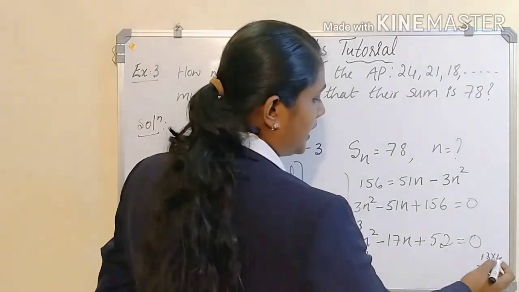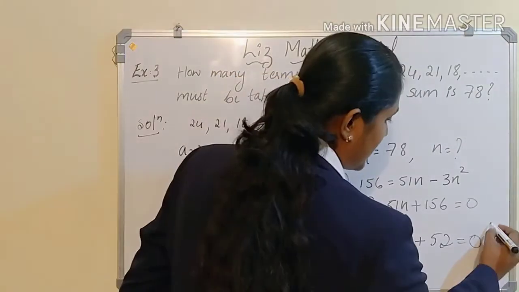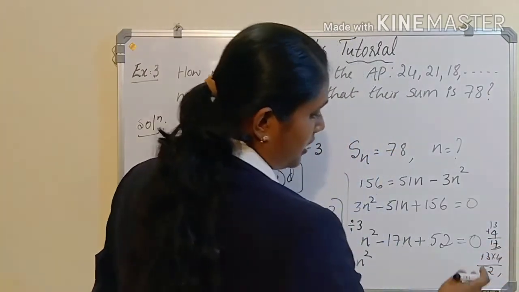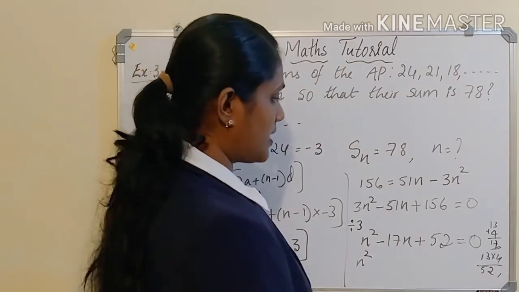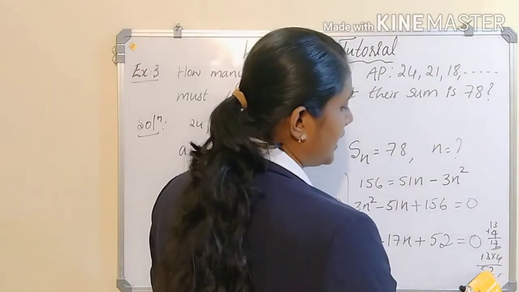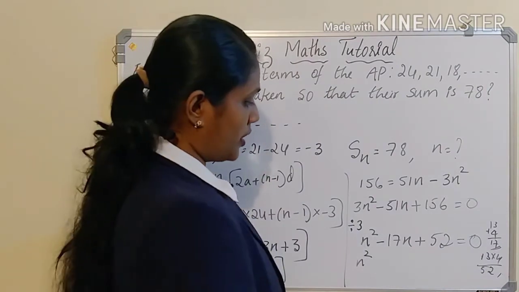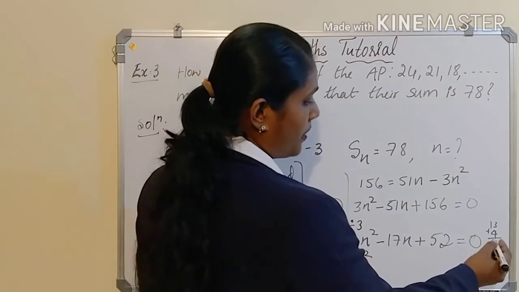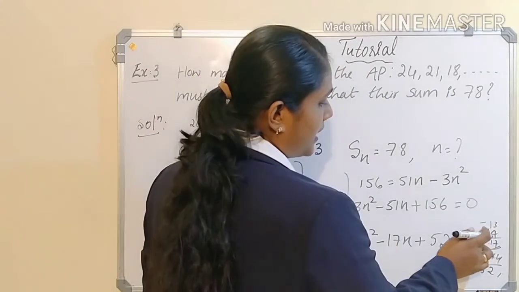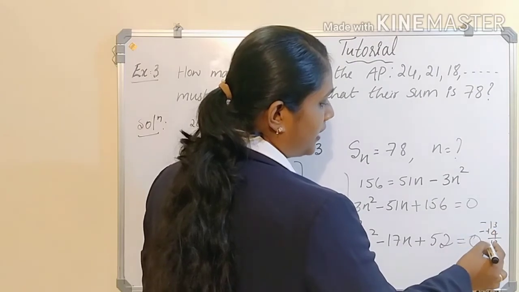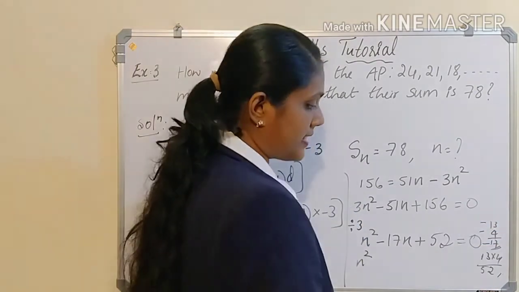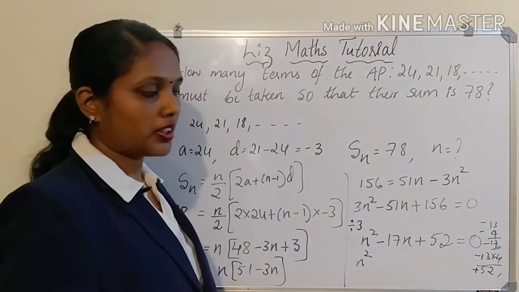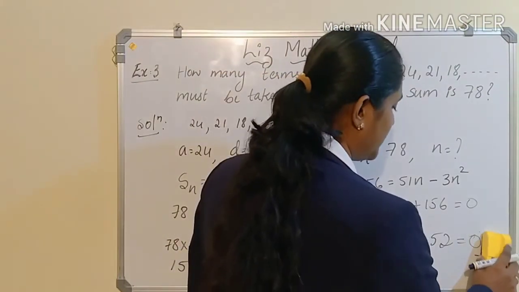When you are adding 13 and 4, you will get 17, and when you are multiplying you should get 52. So such a number you have to take, that is nothing but 13 and 4. So here you should get minus 17. So when you have minus and minus, when you add these two numbers, you will get minus 17. Similarly, minus into minus, you will get here plus 52.